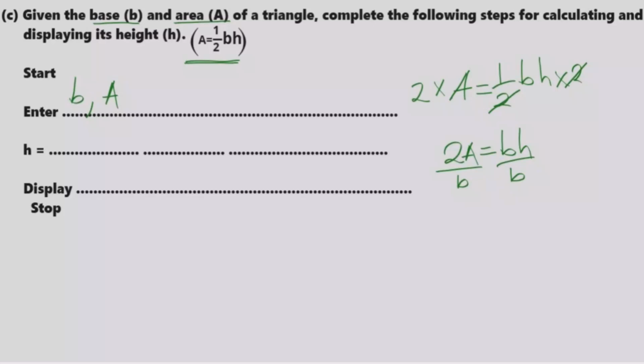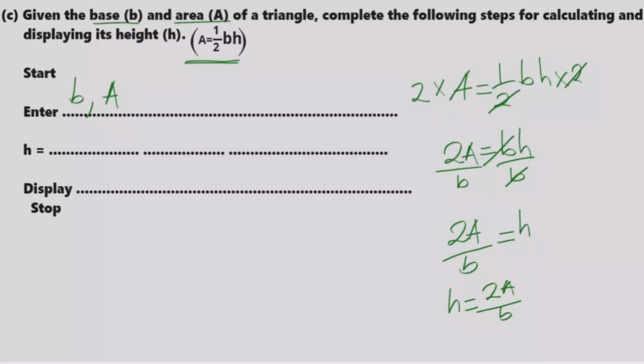So we have 2A divided by B. There are no like terms there, so it's going to remain 2A over B, which is equal to, then B down here and B on top are cancelled out, leaving us with H. That way we have come up with the formula, which is H is equal to 2A over B.